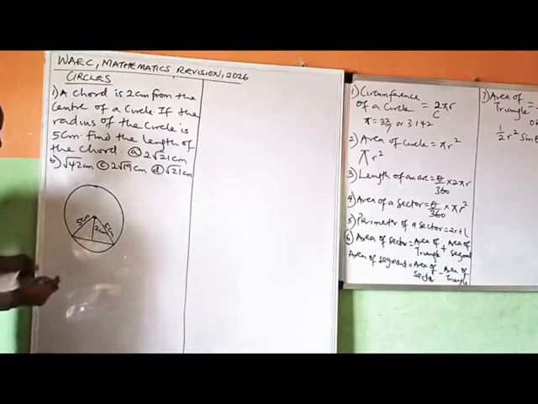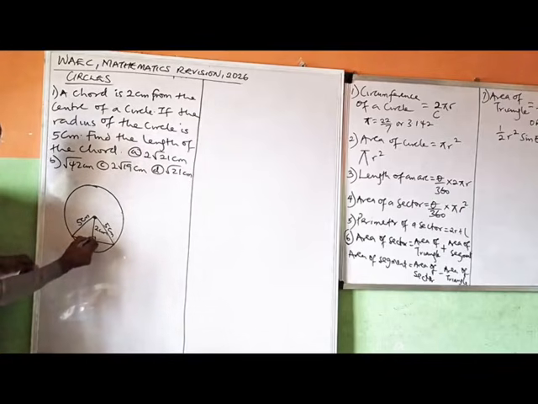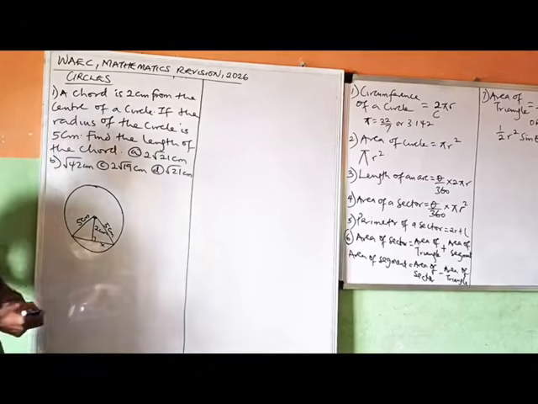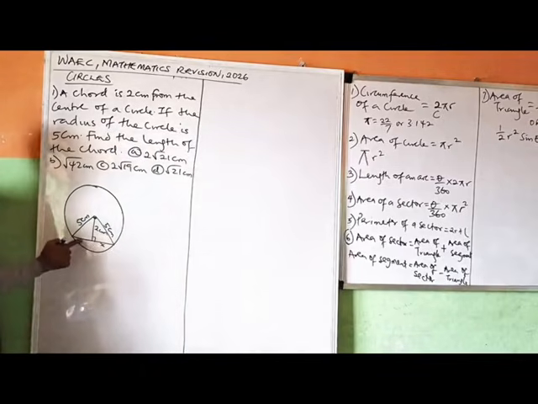How are we going to find the length of this chord? I explained it earlier. You can use this triangle. You already have 2 centimeters here and 5 here, so you can find x. Whatever your x is, that will also be what is here, because they are the same.